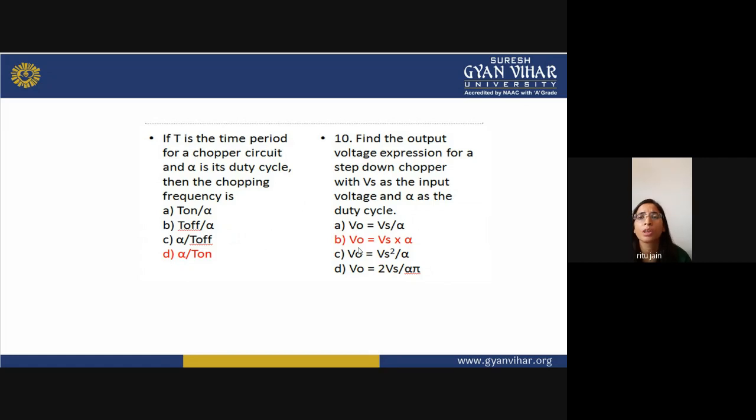There are a number of applications of chopper in the present scenario, so it is a very important device. And as a switch, you can use BJT, GTO, MOSFET, and IGBT in your chopper. A chopper is like a high speed switch, meaning it will turn the devices on and off at very high speed.